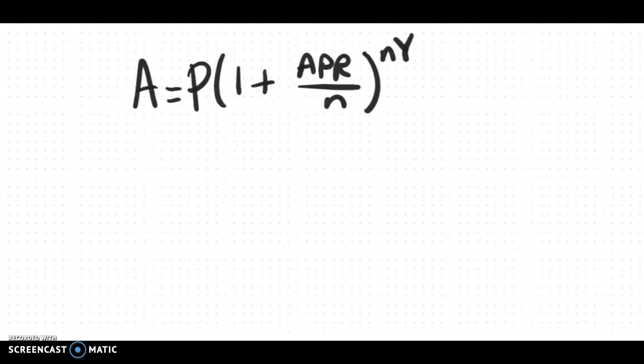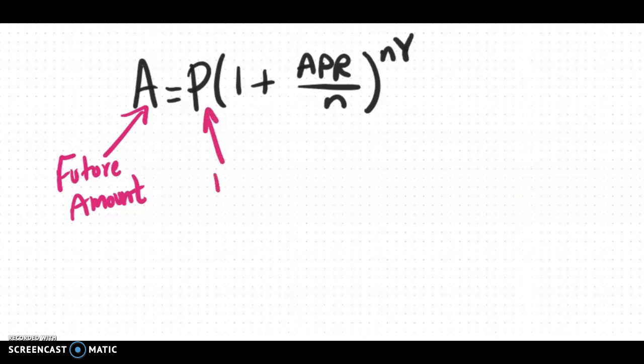So in this formula, I see a lot of different variables. We've got A. A stands for the future amount. How much are you going to have after so many years? P stands for the initial amount. What are you initially investing or saving?